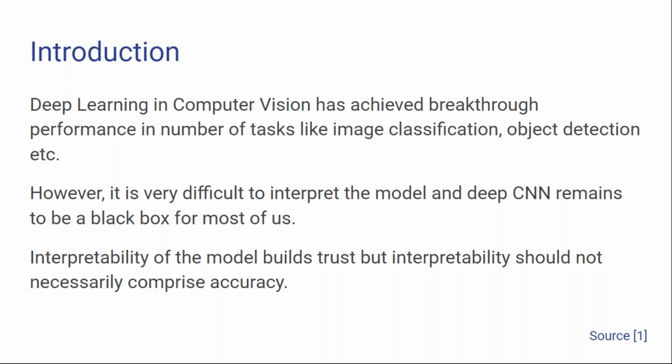Unlike classical machine learning, where you hand-craft features at every step of the pipeline, so you have an inherent intuition of what the model is doing, with deep learning you give it the data and the target, and it tries to figure out the method itself. In one way it is good, but on the downside, it is very difficult to understand, and it remains a black box for most of us.